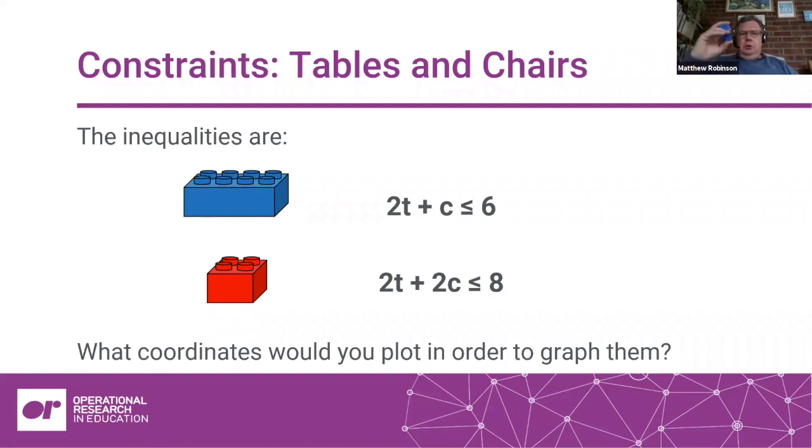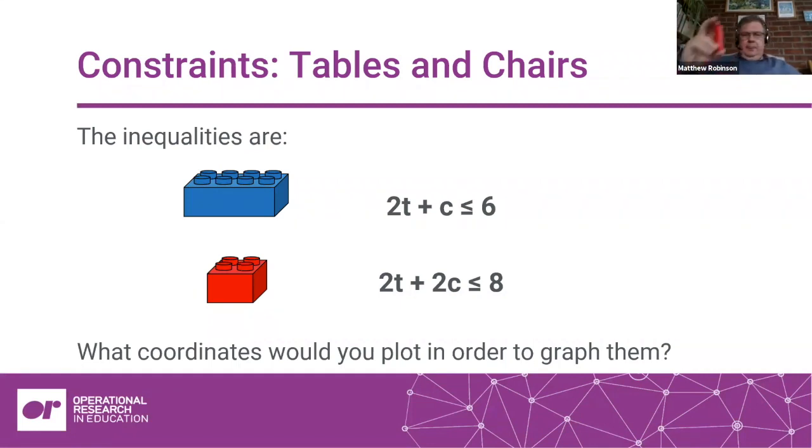So 2 bricks times the number of tables plus 1 for each chair we use has got to be less than or equal to 6. So we have 6 bricks in total. The number of tables we produce and the number of chairs we produce, 2 times the number of tables plus 1 times the number of chairs has got to be less than or equal to 6.